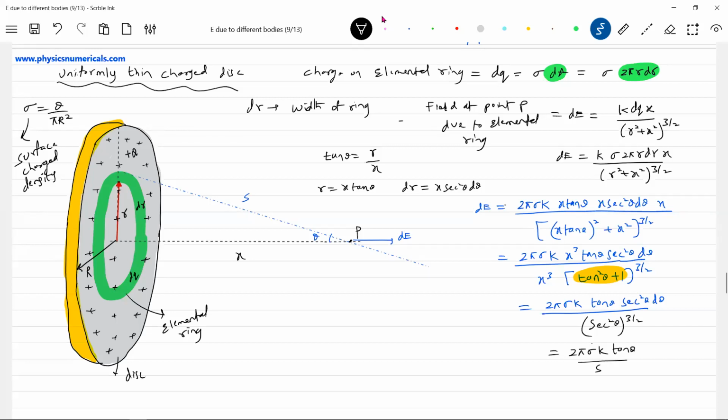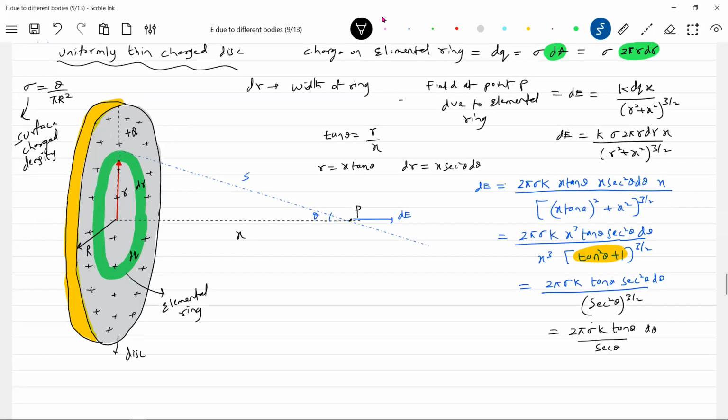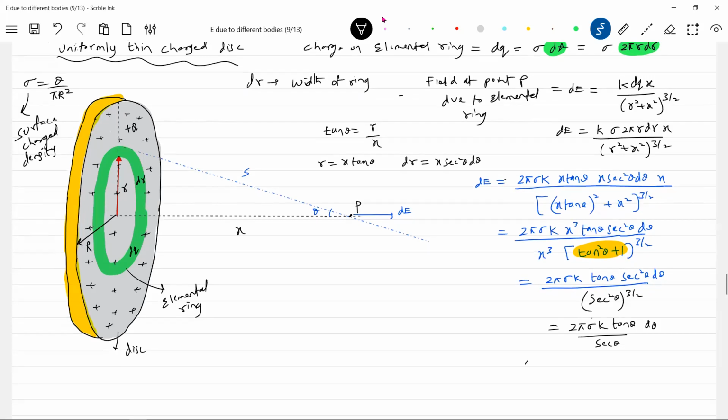So this will become sec theta tan theta d theta. I'll end up with this one.